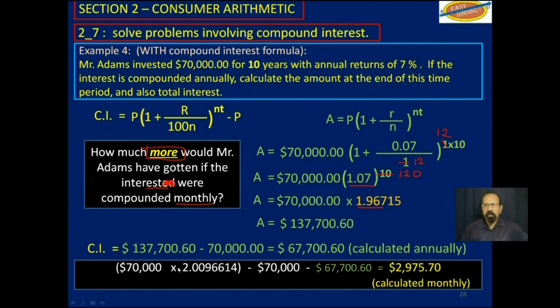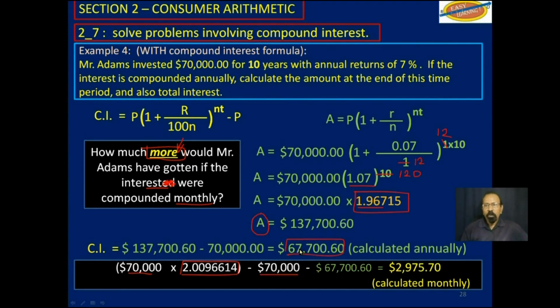When you work out this factor, it would be 2.00966614. You multiply that by the principal, that will give you the amount. From that amount, you subtract the principal, that will give you the interest, and then you subtract this interest because the question says how much more if it were calculated monthly.